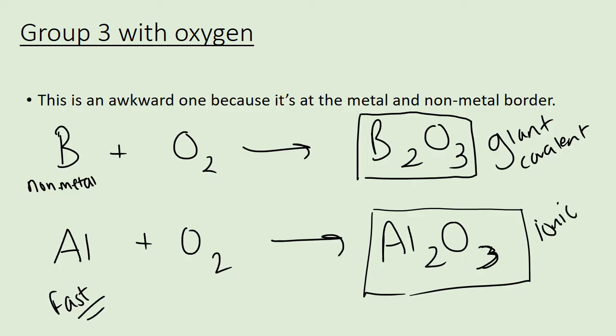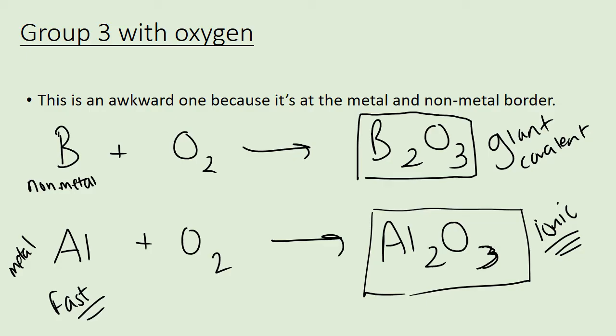So aluminium oxide is ionic. Okay, so that's an awkward one because it's on the metal non-metal border. Boron being a non-metal and aluminium being a metal. So aluminium reacts in a similar fashion to what you've seen with the metals to make a metal oxide, which is ionic. Boron will react with oxygen to make a giant covalent structure.